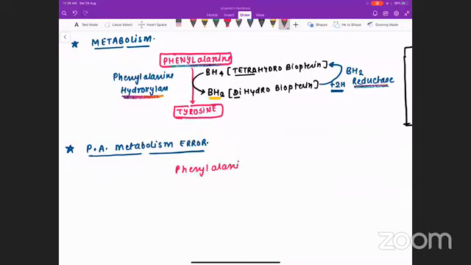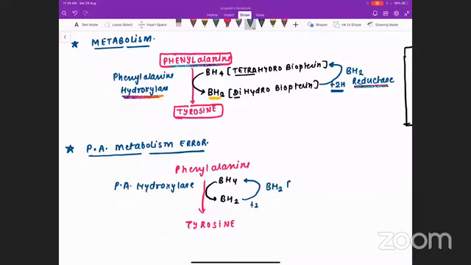Phenylalanine converts into tyrosine, and for that we require two enzymes, phenylalanine hydroxylase. The second thing we require is BH4, which converts into BH2, and for the conversion of BH2 into BH4, again we are going to require BH2 reductase. So the point is, we are requiring these two enzymes, BH2 reductase and phenylalanine hydroxylase. The normal metabolism of phenylalanine.